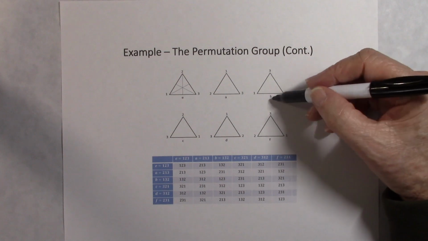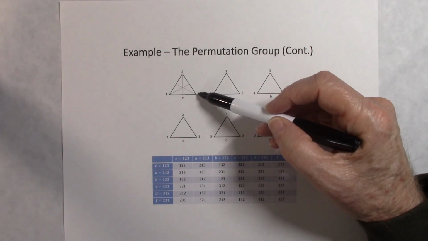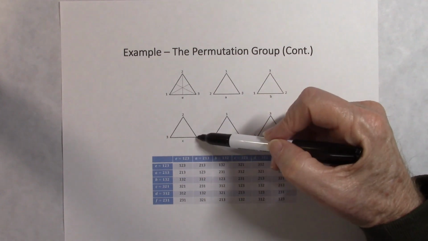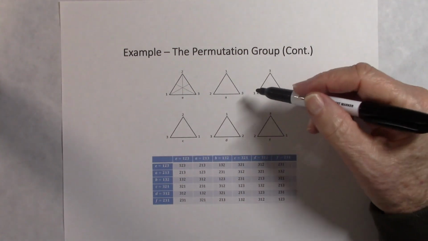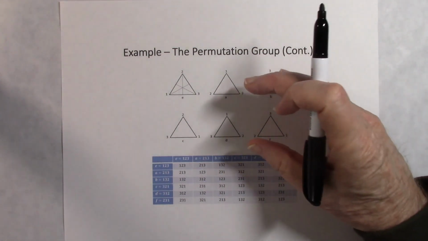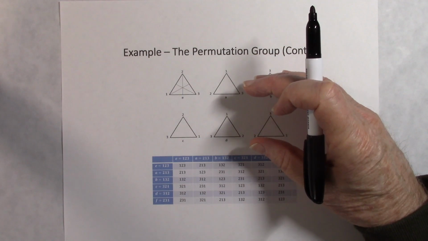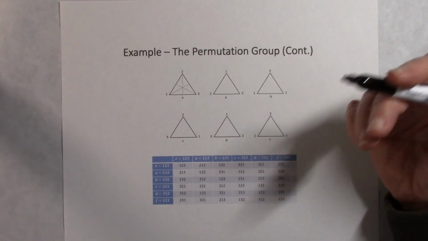And that makes B. If I flip it around this symmetry axis, I'm just interchanging 3 with 1, and that's C. And those are all the symmetry operations of an equilateral triangle. So when I do those operations, the orientation of the triangle is conserved. Unless I numbered them, you wouldn't be able to see that I had done anything.